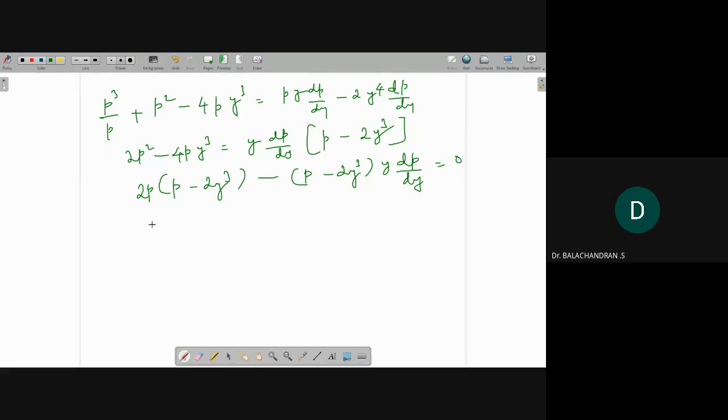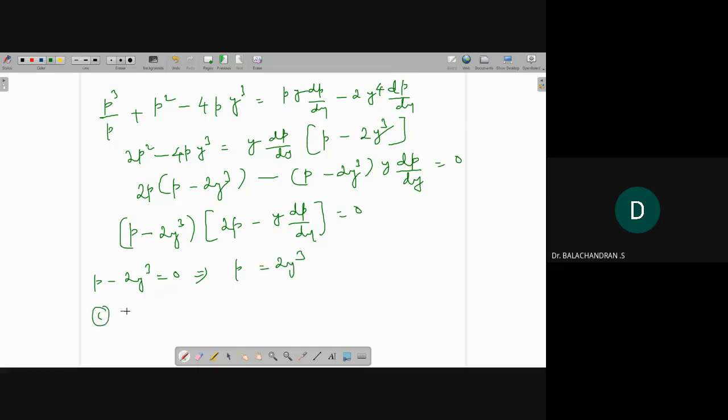So you can take p minus 2y cube common, into 2p minus y into dp by dy, which is equal to 0. So now if you equate p minus 2y cube equal to 0, from this we get p equal to 2y cube.